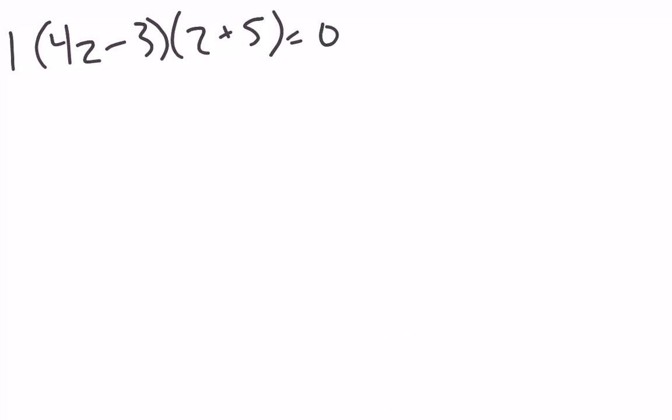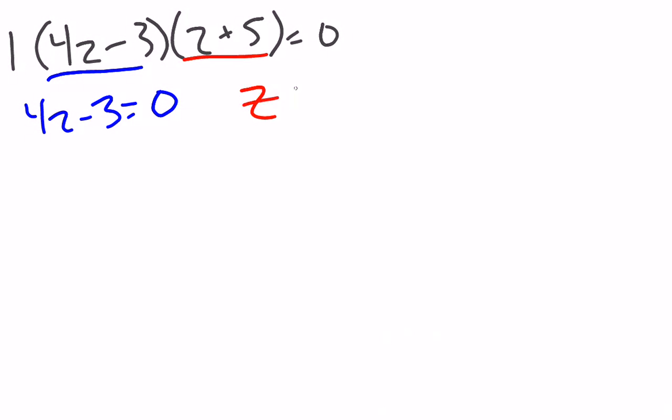Okay, I'm already set equal to 0. I'm already factored, so what I need to do is set each of my factors equal to 0. So with my blue one, the first thing I need to do is add 3. So that would give me 4z equals 3, and then divide by 4.